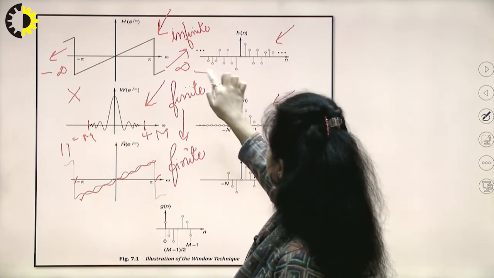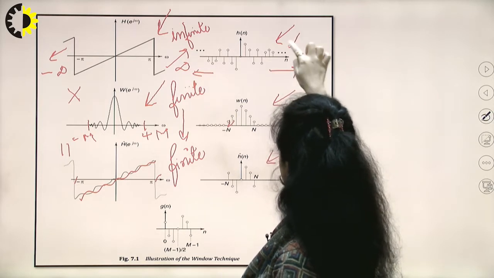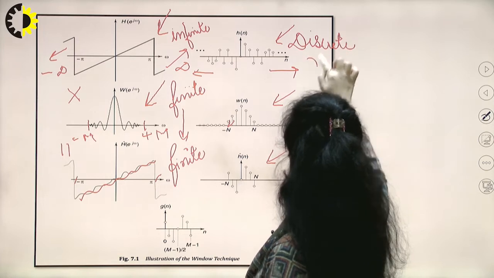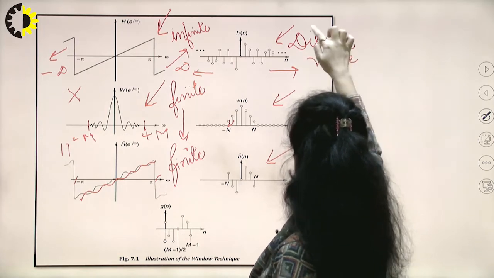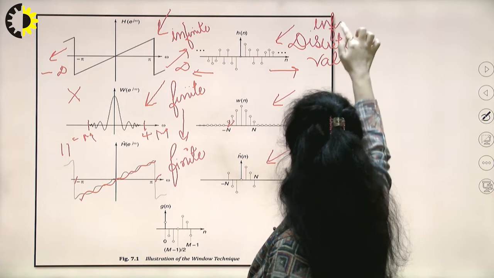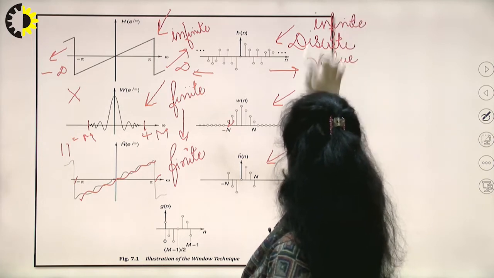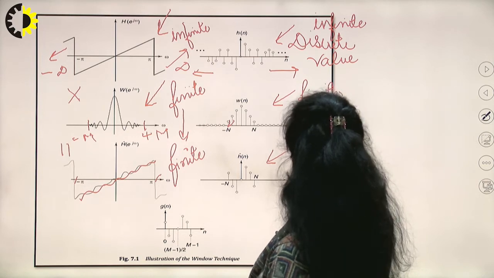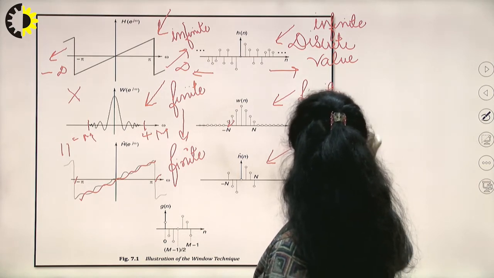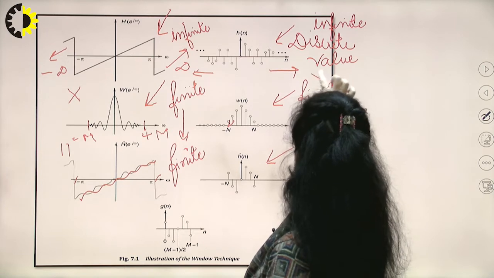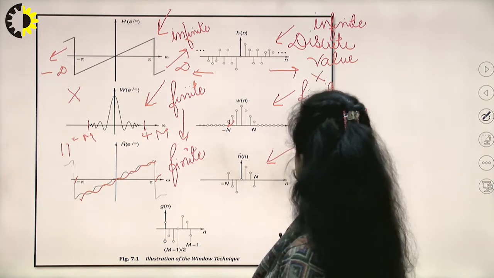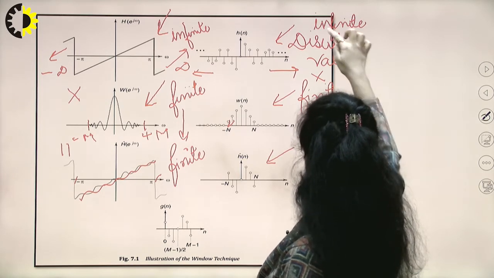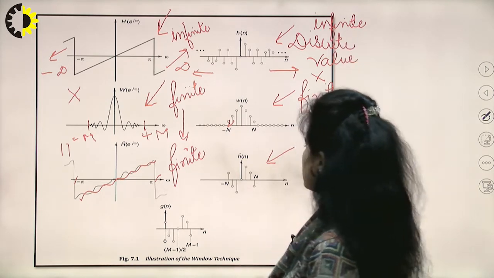So we may have an infinite number of discrete values here. Here I have taken some finite samples and multiplied. So wherever we do not have samples, that means we have 0, and multiplication of any value with 0 would result in 0 itself.